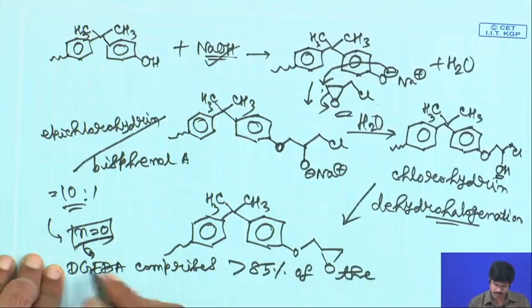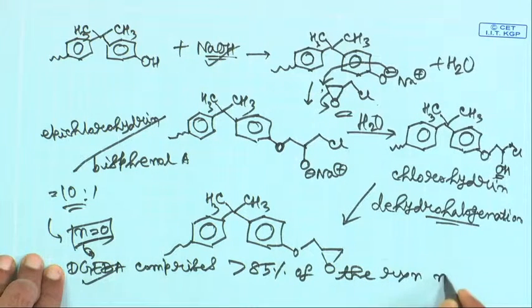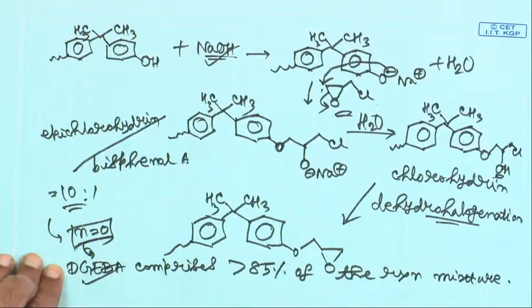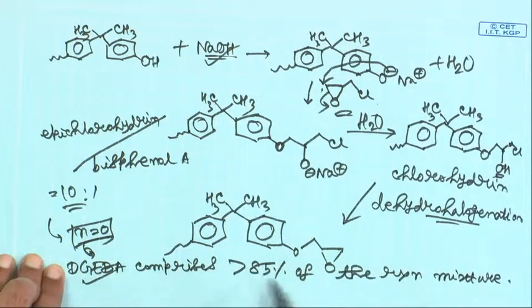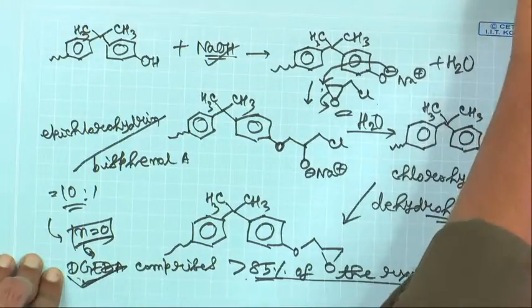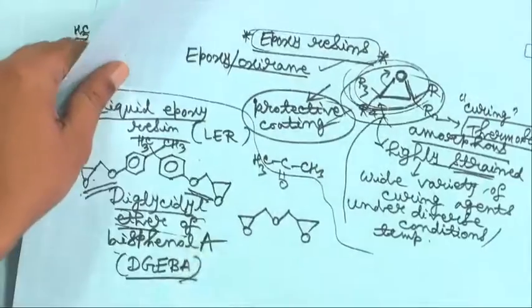Typically, this is your liquid epoxy resin preparation. So, more than 85% of the reaction mixture will be your diglycidyl ether of bisphenol A, which is this molecule.